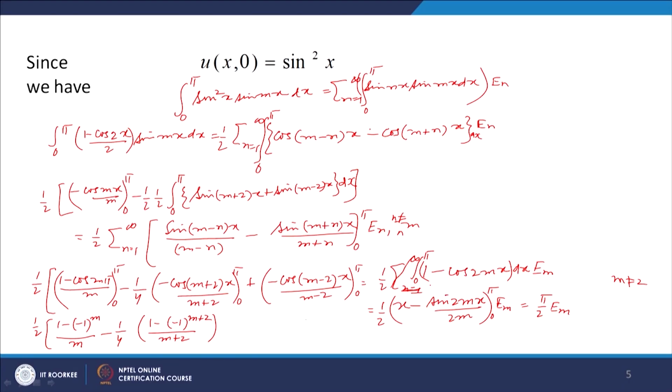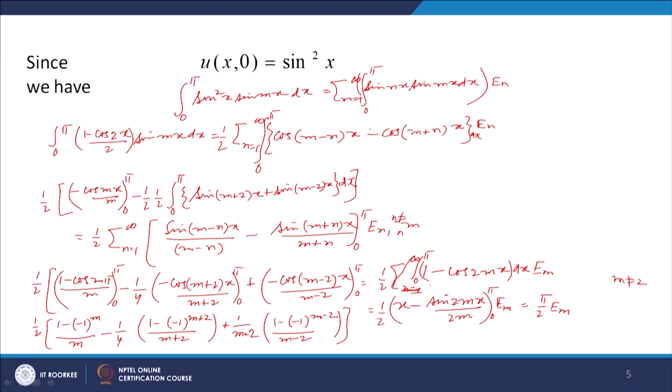And here we have 1 over m minus 2, 1 minus minus 1 to the power m minus 2 over m minus 2. This is what we get when m is any integer other than 2.